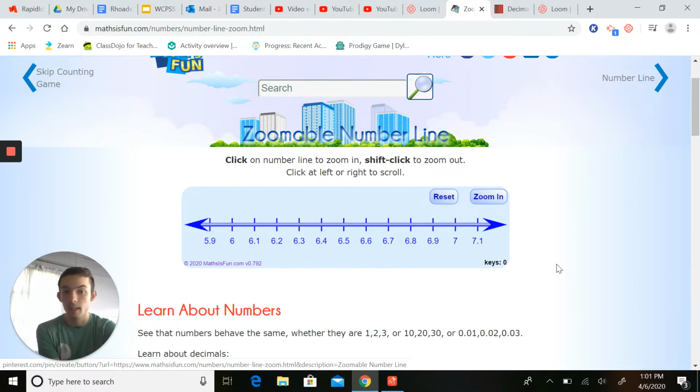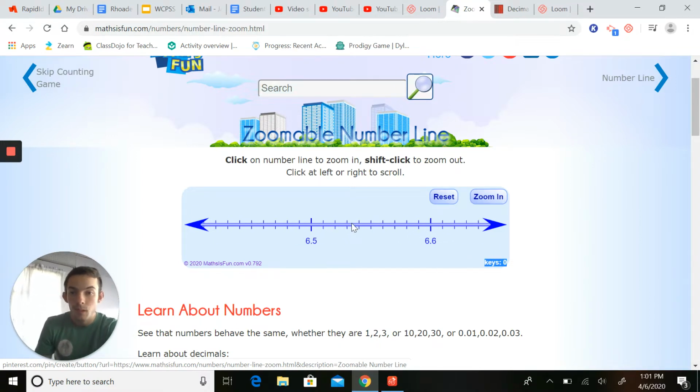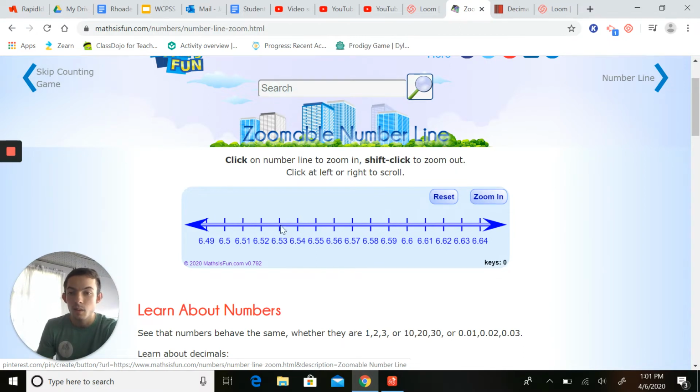7 gives us tenths. And if you wanted to move in even further, we'll say between 6.5 and 6.6, we see hundredths. We see in between 6.5 and 6.6, we have a lot of numbers here.